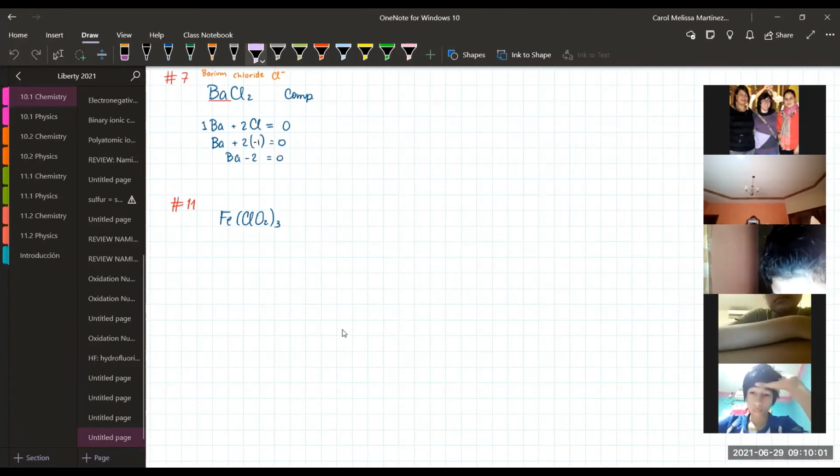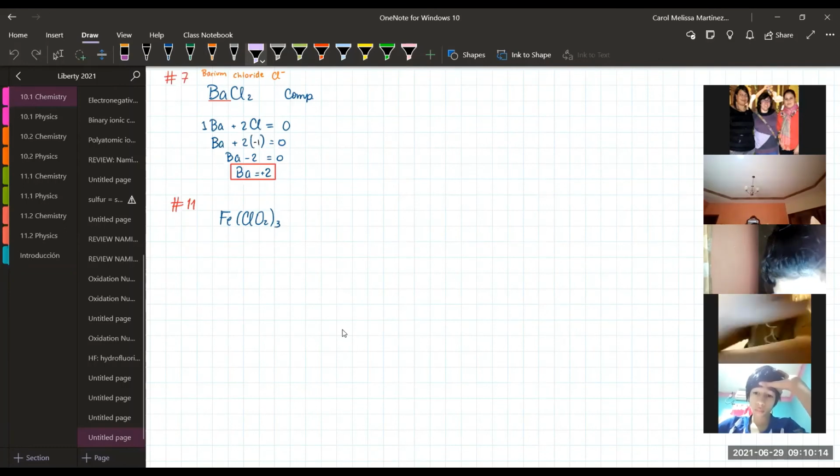You isolate for barium, the -2 goes to the other side as a positive. So you can do it in the 2 ways. You could isolate, do the whole process like I just did, or you can just take your periodic table with you and look for the oxidation number for barium.